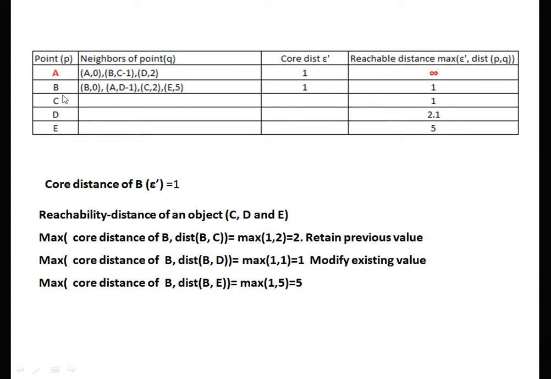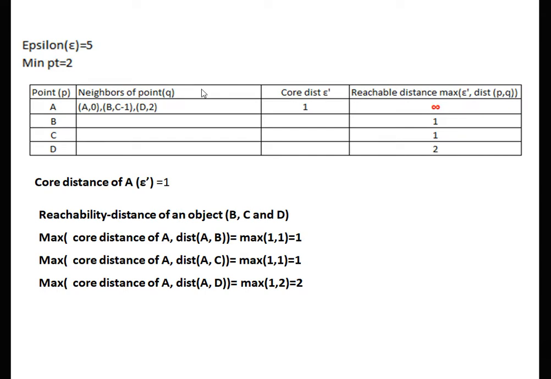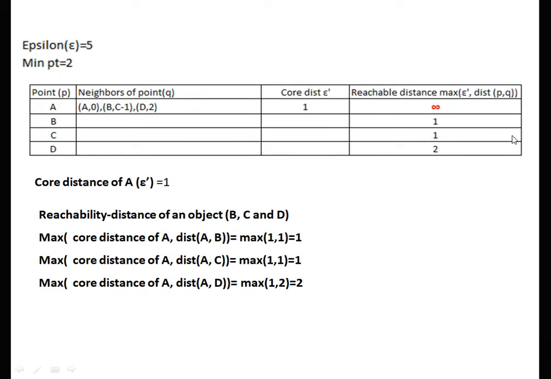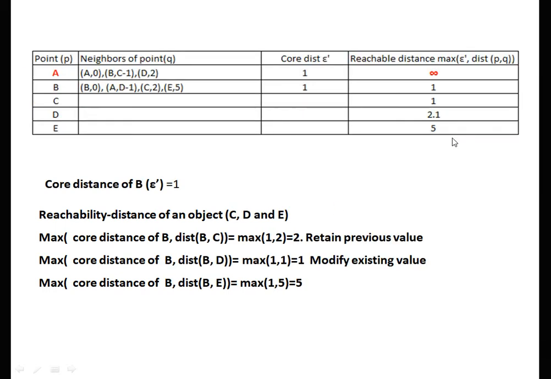Now the reachability distance between B and C is max of 1 and 2, which is 2. Initially it was 1, now it is coming as 2, so we retain the previous value. That's why we are not modifying it: it is written as 1 because the previous value is less and the new value is more. We do not modify when the new value is greater than the current value.